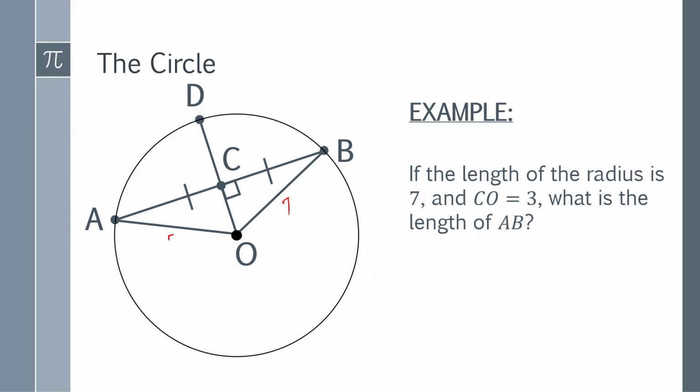This one is also 7, and DO is also 7. Why is it all 7 here? Because the radii of the given circle are all congruent, or they have the same measurement. And remember that CO here is 3.